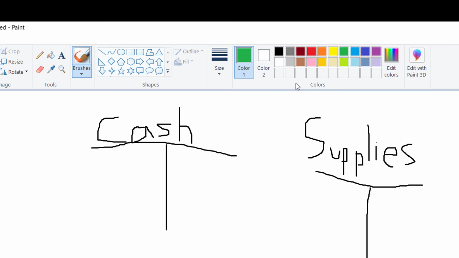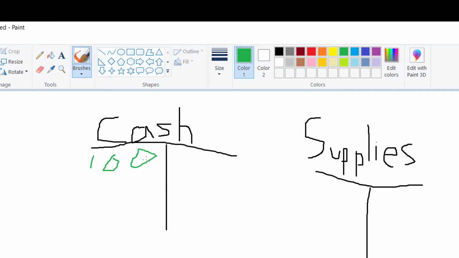Alright guys, you have a T account for every single account. And the way it works is your T accounts really keep a running total of the balance in those accounts. So with cash, if I want to make cash go up, I debit it. And that means I write on the left hand side. So I would debit cash, I don't know, $100.